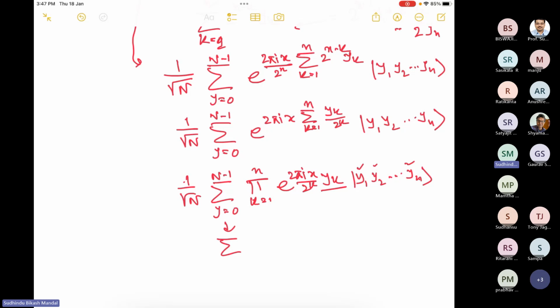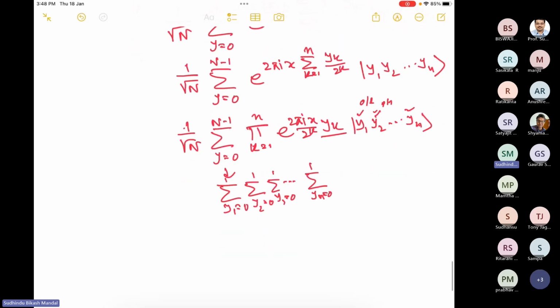A qubit has two states, either 0 or 1. In general, I'm not talking about the superposition case, but a qubit has two basis states. In terms of basis, there can be two states, 0 and 1. So we can break this expression this way: sum over y1 from 0 to 1, sum over y2 from 0 to 1, sum over y3 from 0 to 1, and so on up to yn from 0 to 1.